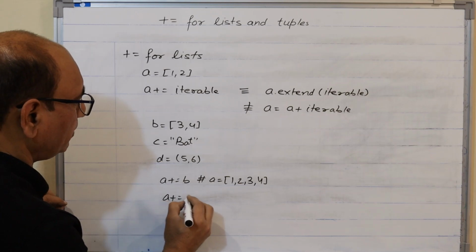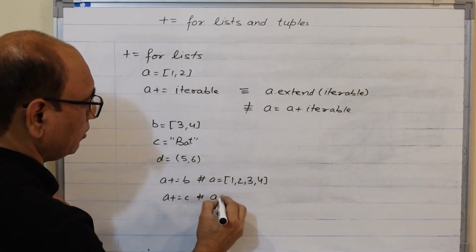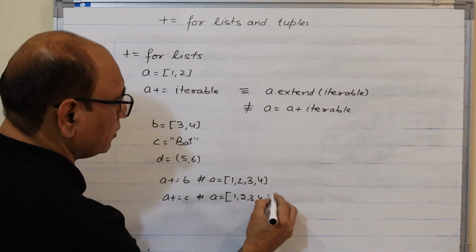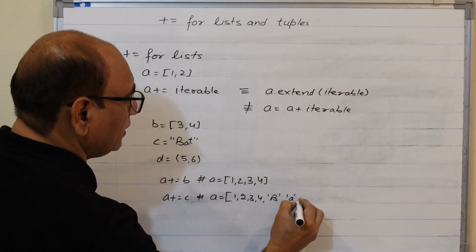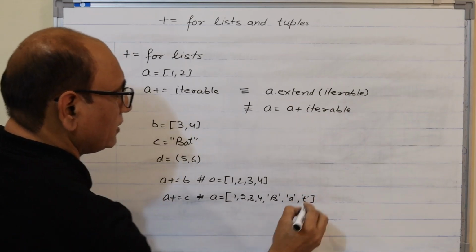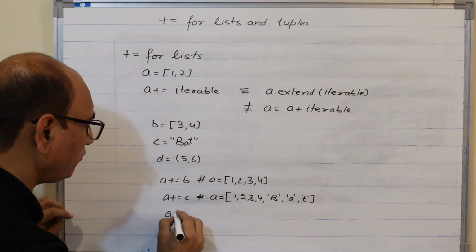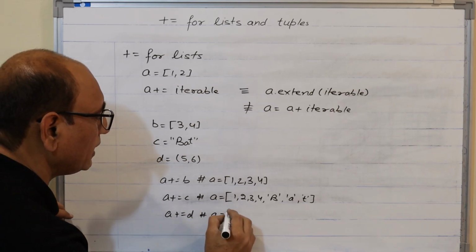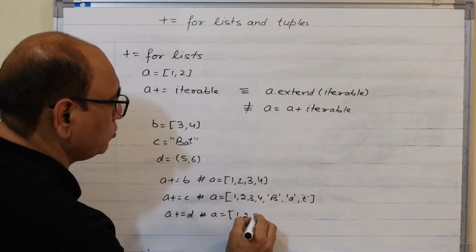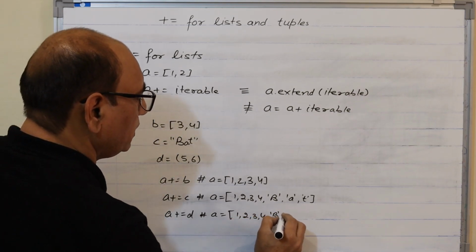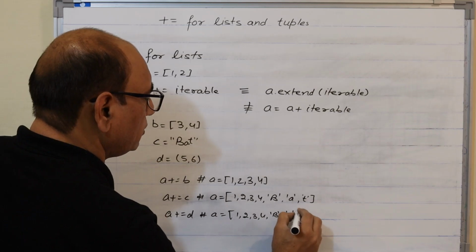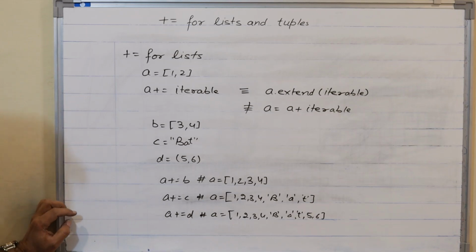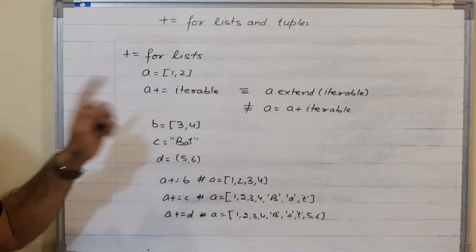Similarly, if I say A plus equal to C, now A will contain the elements 1, 2, 3, 4, B, A, T. And if I say A plus equal to D, now A will contain the elements 1, 2, 3, 4, B, A, T, 5 and 6. This is how plus equal to works for lists.